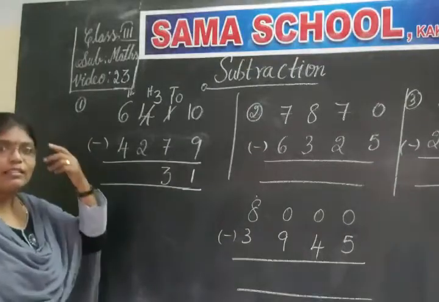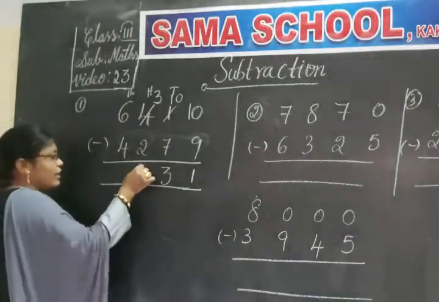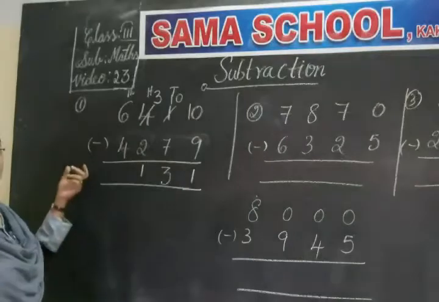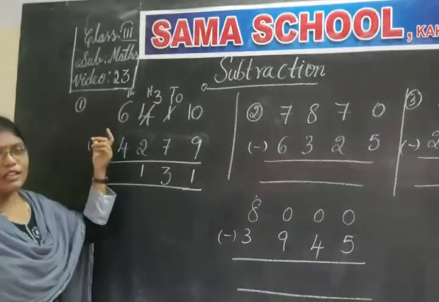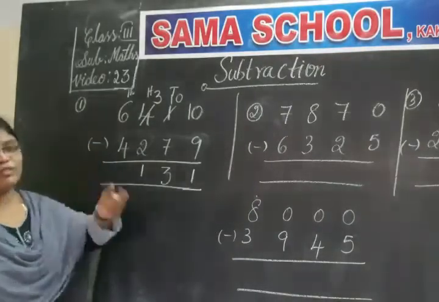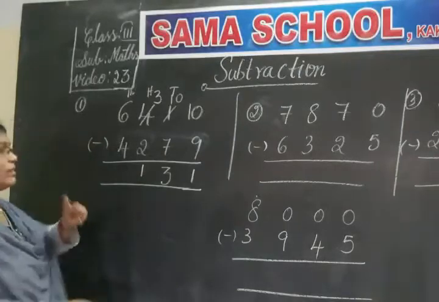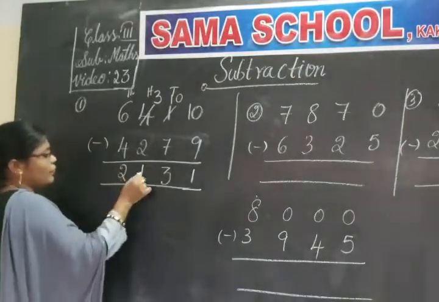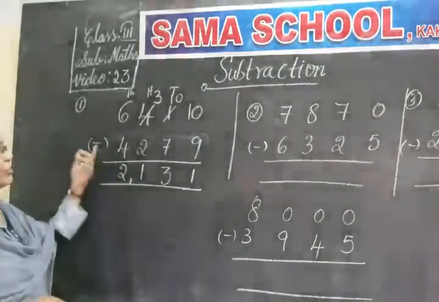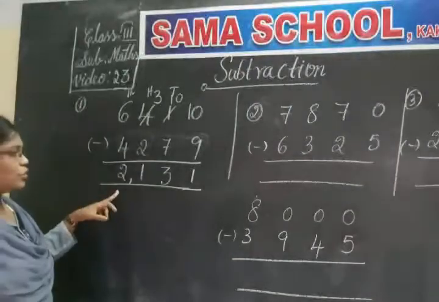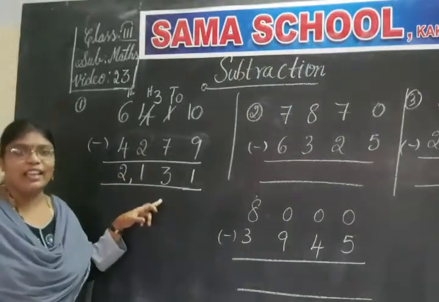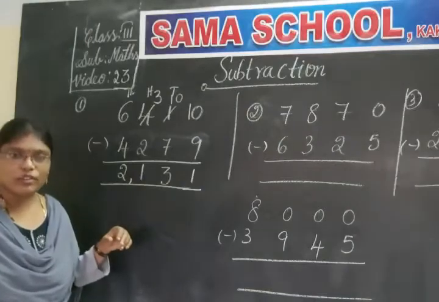Very easy. That is 1. 2 after 3. 6 minus 4. As 6 is bigger number, we can subtract. So 4 after 5, 6. That is 2. So what is the difference of these two numbers? 2131. So children, do you understand?